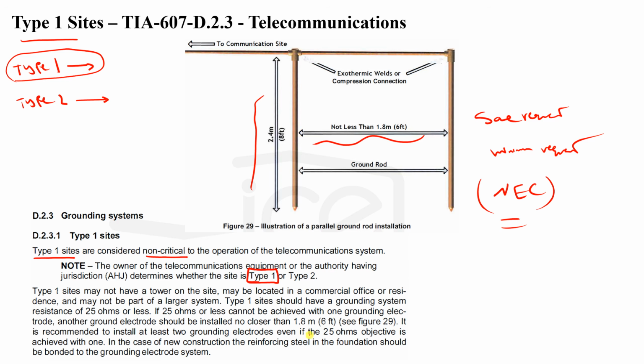However, here it says that even if one electrode achieves 25 ohm, it is recommended to install at least 2 grounding electrodes. Okay, so it is recommended in the minimum requirement to have 2 electrodes. Okay, this is for type 1.